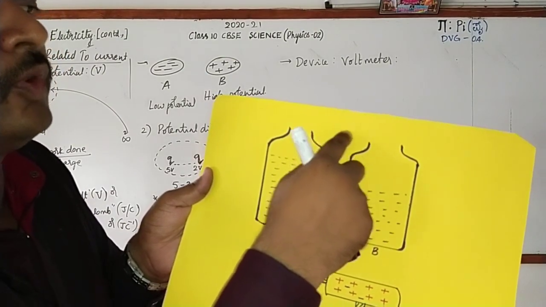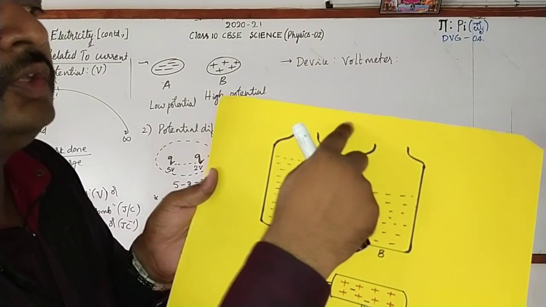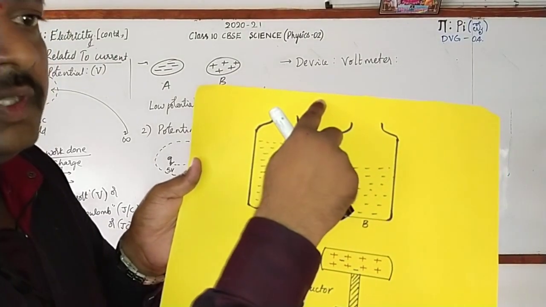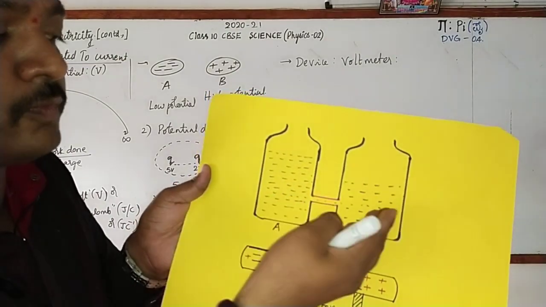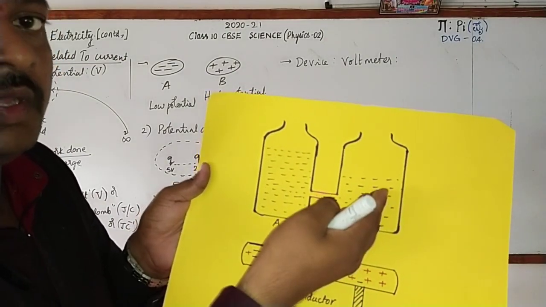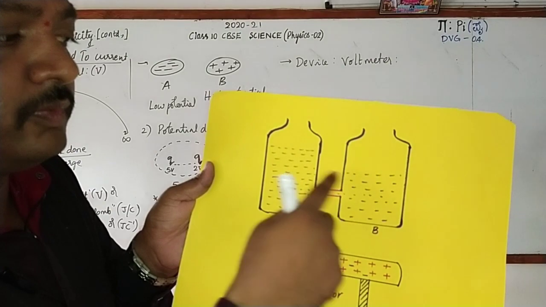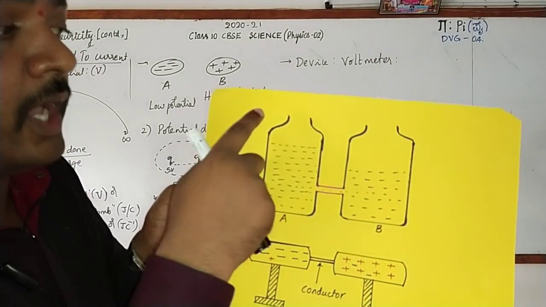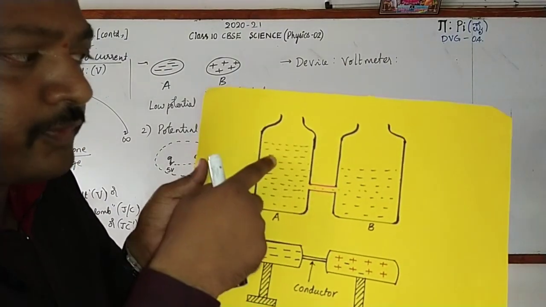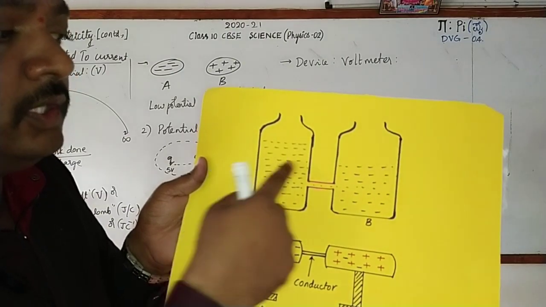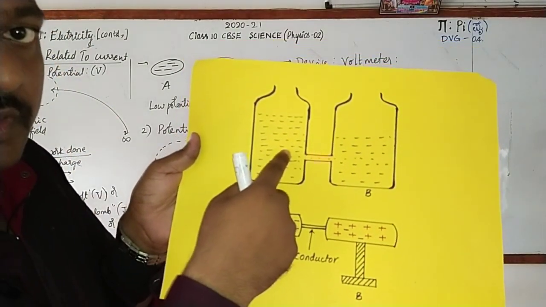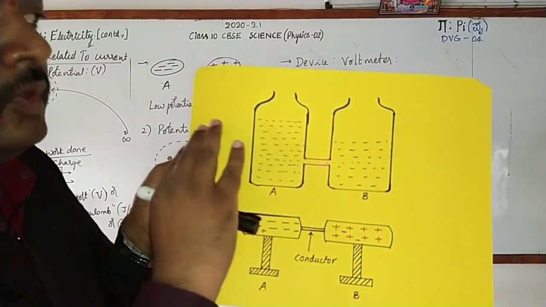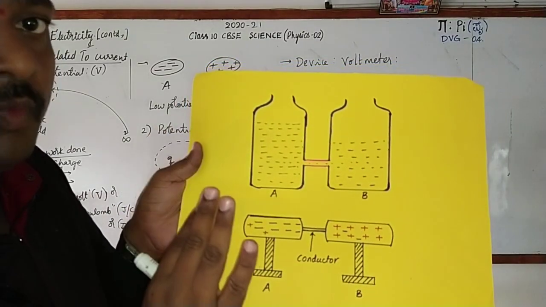No. So you use a water pump, then it lifts the water from B to A. Then water flows from A to B. From this activity, we come to know that as long as there is a difference in the level of water in these two bottles, the water flows. If the level becomes the same, there will be no flow of water.